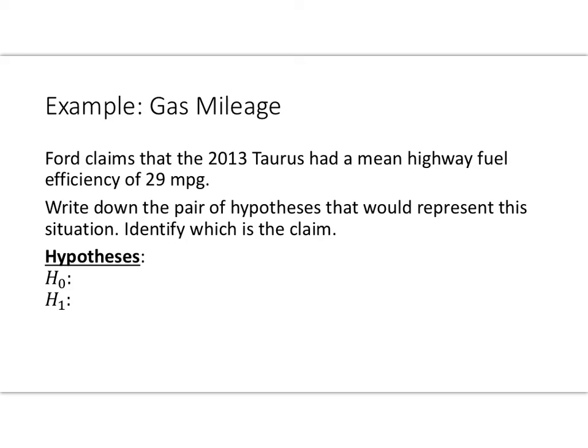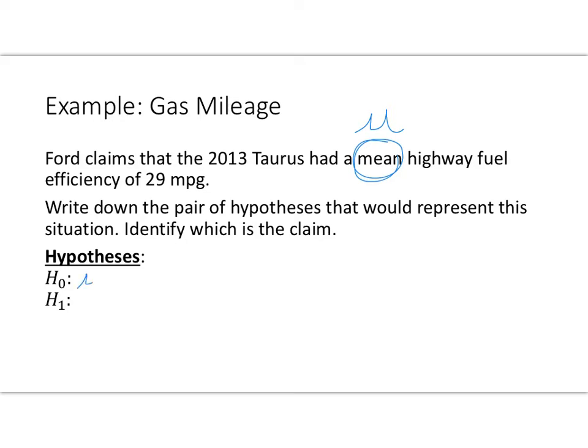Ford claims that 2013 Taurus had a mean highway fuel efficiency of 29 miles per gallon. Write down the pair of hypotheses that would represent this situation and identify the claim. So here we're talking about a mean, so we'll be working with mu. And we say that they are claiming a mean highway fuel efficiency of 29 miles per gallon.